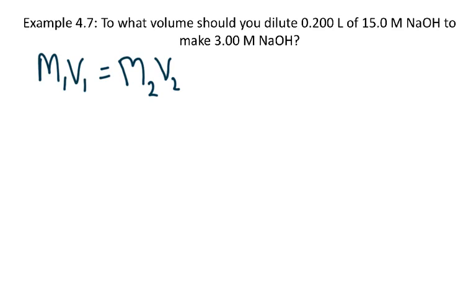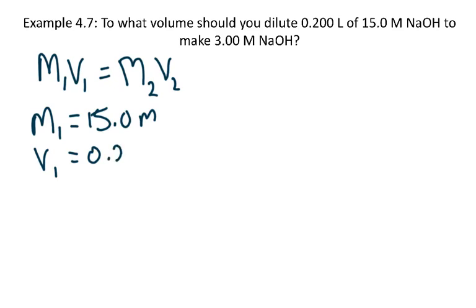Here's a sample question. To what volume should you dilute 0.2 liters of 15 molar sodium hydroxide to make 3 molar sodium hydroxide? So here we know that we have a molarity of 15 molar. Our volume of that solution is 0.200 liters.